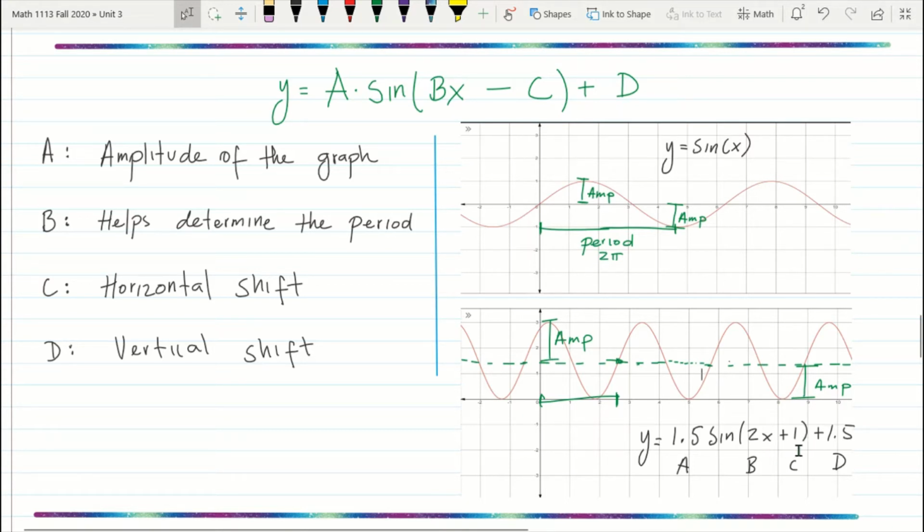Okay, this got pushed to the right 1.5 units. Something like this is where it should have started, but then it got pushed to the right a little bit. So it overall is just a variation, a manipulation of the original function. Okay.